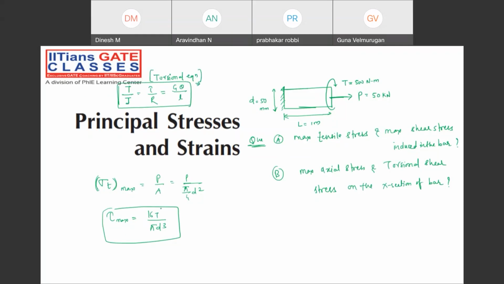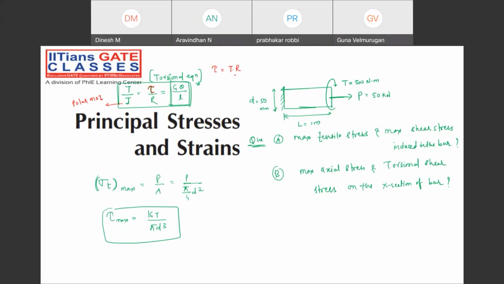Forget about the last term. Focus on the first two: T by J equal to tau by R. J is the polar moment of inertia. Tau is the shear stress. R is the radius.